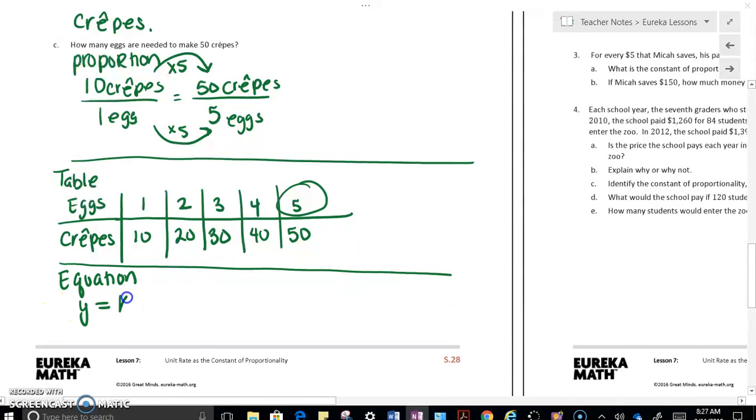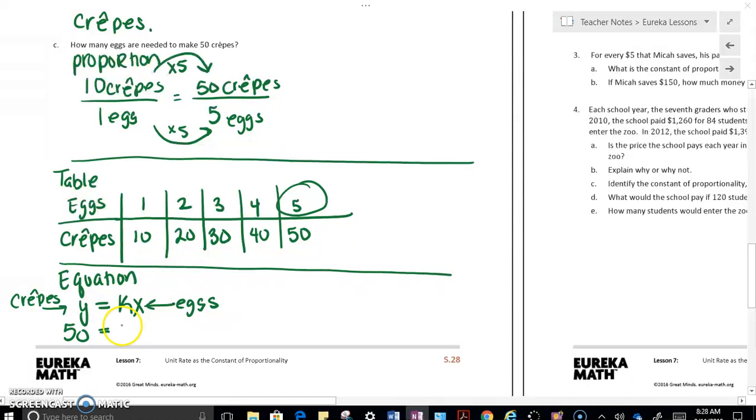y equals kx. y being, what's the result? Your eggs. I'm sorry, not your eggs, your crepes. And what do you need to make the crepes? Your eggs, which is x. So y in this case is 50, because that's what we want to make.